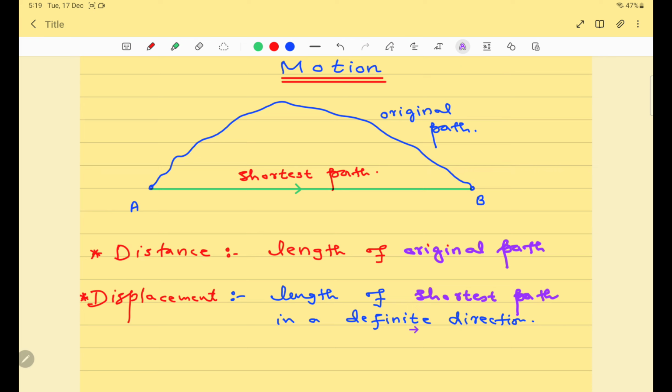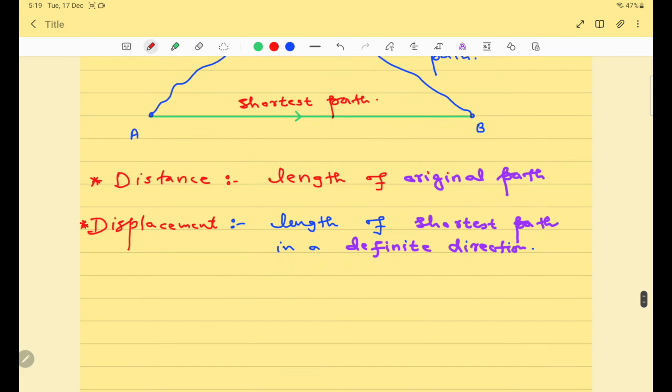And if a physical quantity has a definite direction, then such a physical quantity is known as a vector quantity. So displacement has one definite direction, so displacement is a vector quantity.